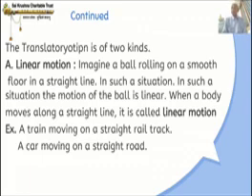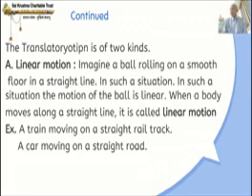In such a situation, the motion of the ball is linear. So, imagine a ball rolling on a smooth floor in a straight line. In such a situation, the motion of the ball is linear.